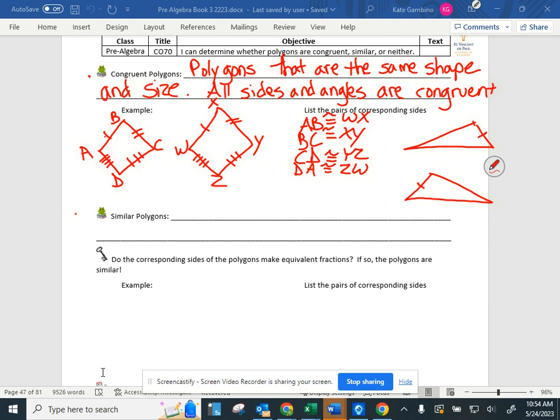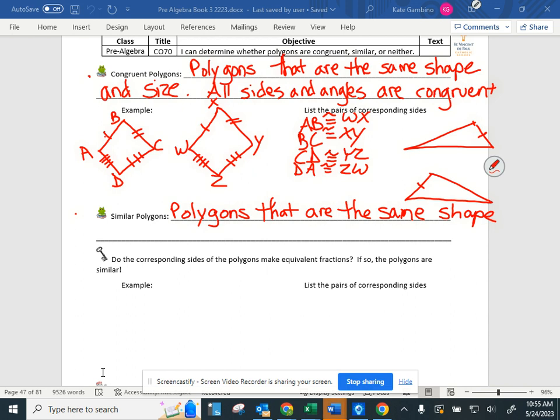Similar polygons. Any guess, Evelyn? Is it when it's the same shape and the same size, or the same size, not the right shape? It has to be the same shape. So if it is a similar polygon, it is polygons that are the same shape, but different, like twisted?